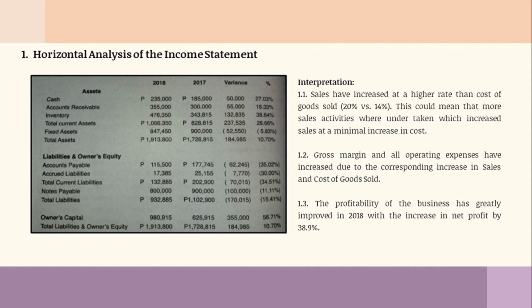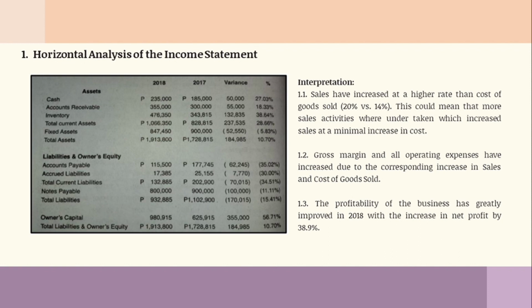Interpretation number 2. Bagaw, gross margin and all operating expenses have increased due to the corresponding increase in sales and cost of goods sold. So, kaynano naapektuhan ang cost of goods sold? Kaynano naapektuhan ang operating expenses?